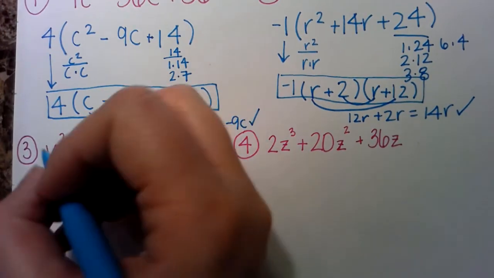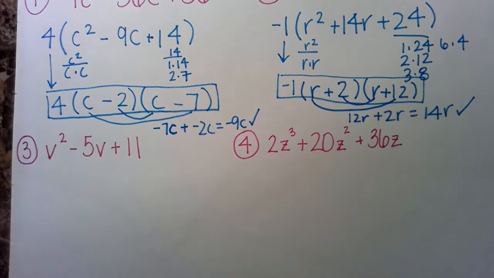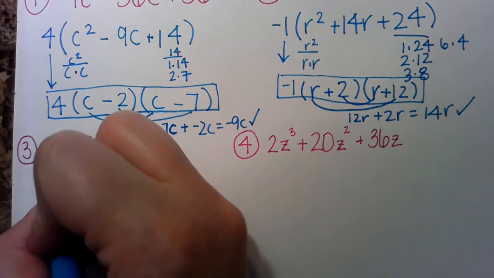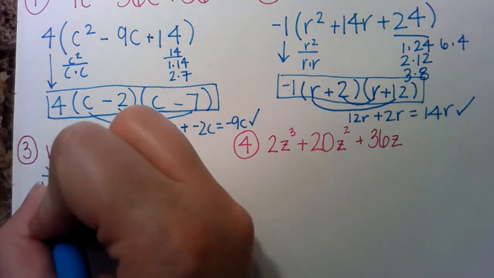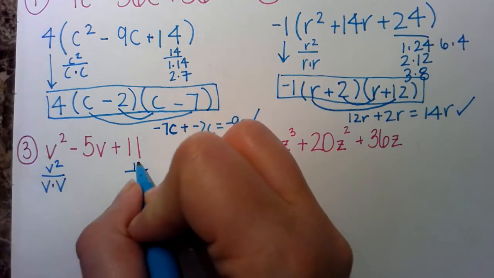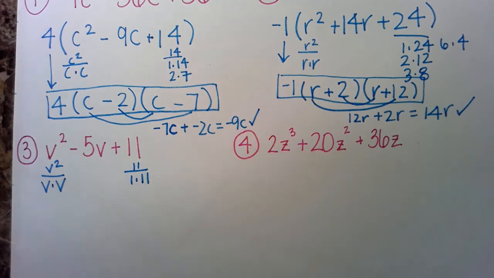Now for this one, we're going to ask ourselves, can I take out a GCF? And in this case, I cannot. So I'm going to start finding my factors. I have v times v for v squared. I have 1 times 11. And now I'm going to think about this.